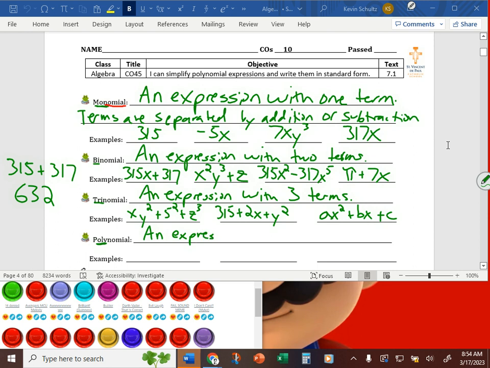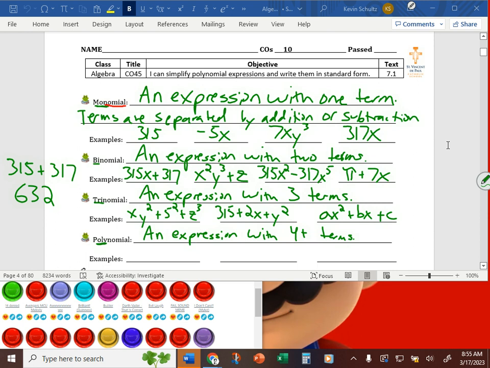So a polynomial is an expression with 4 plus terms. We kind of lose our creativity after 3. Anything beyond that is just a polynomial. But technically, any monomial, binomial, and trinomial are also considered polynomials. It's just that these 3 have more specific names.